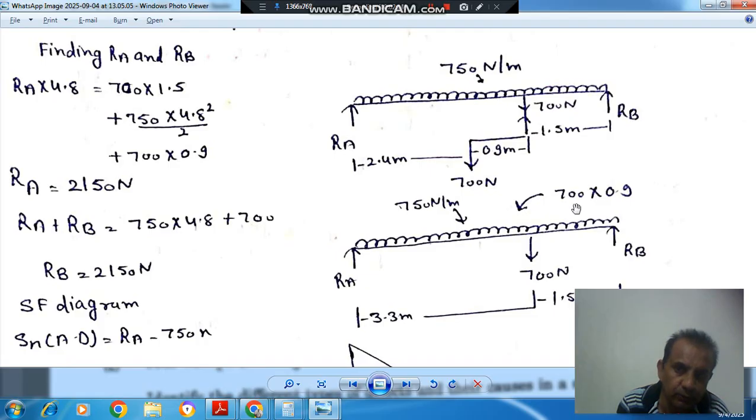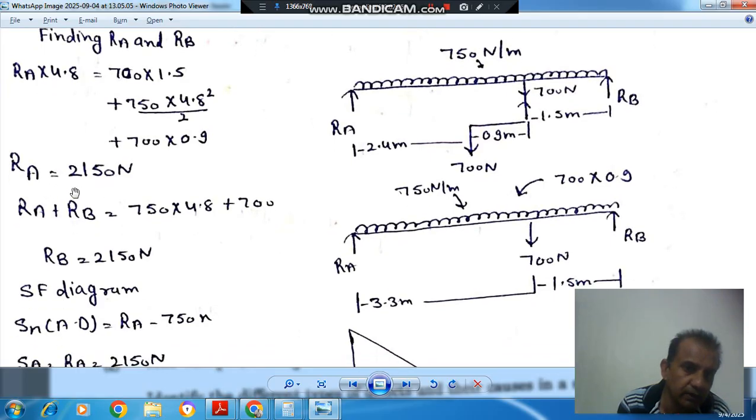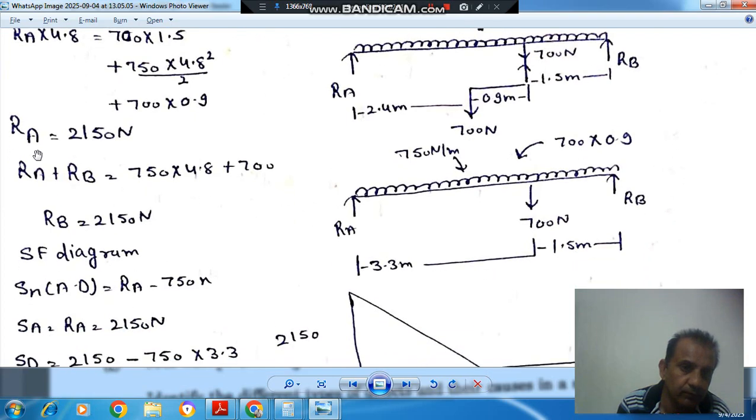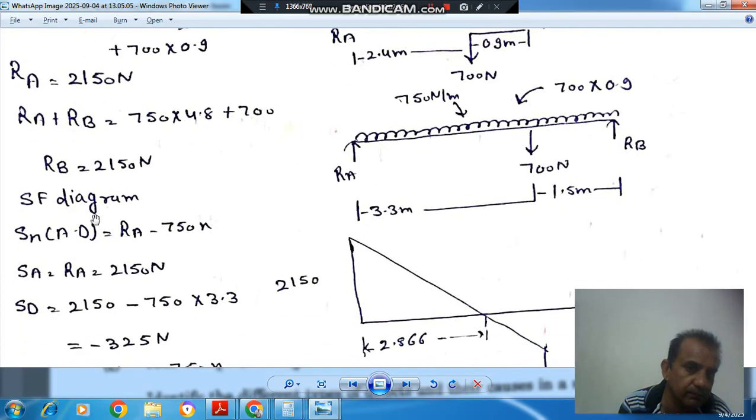This 700 into 0.9 is also counterclockwise, and the moment caused by UDL will also be counterclockwise, that will be 750 into 4.8 square by 2. From this we get RA as 2150 Newton. RA plus RB is the total vertical upward load, and total vertical downward load is 750 into 4.8 plus 700. If you put RA equal to 2150, RB will also be 2150.